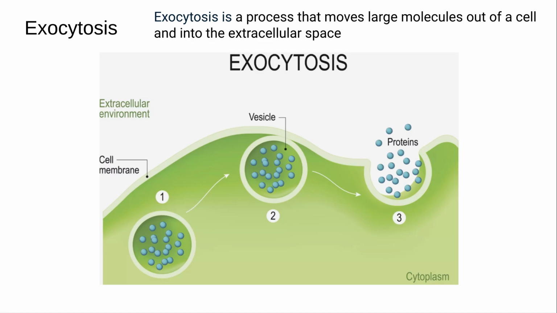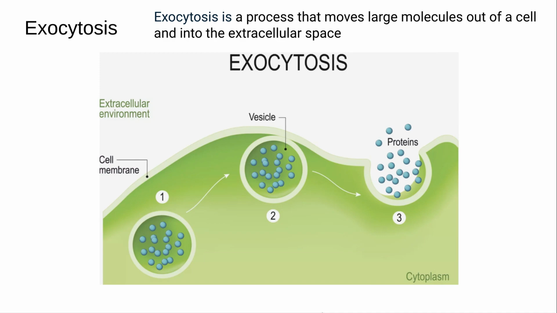And finally, we are looking at the opposite of endocytosis, which is exocytosis. Exocytosis is where you have molecules being moved from inside to the outside. So it could be because your molecules are being secreted out, or you have, let's say, processed a bacteria and that cell wants to spit out all the unnecessary material.